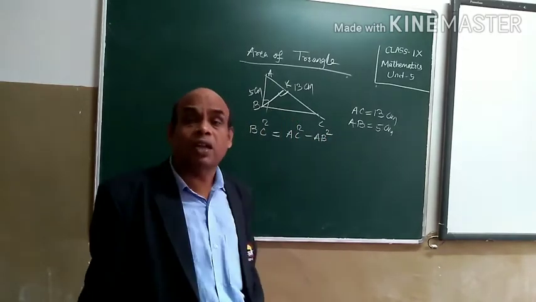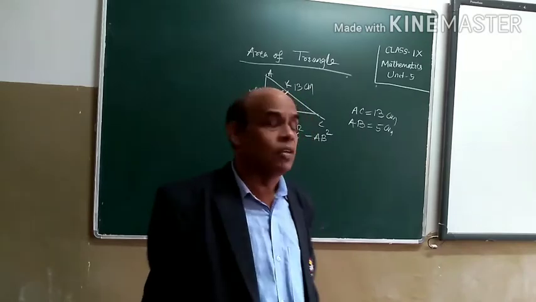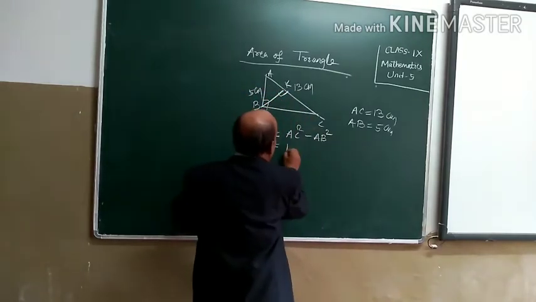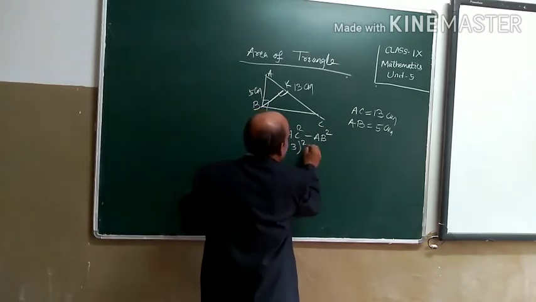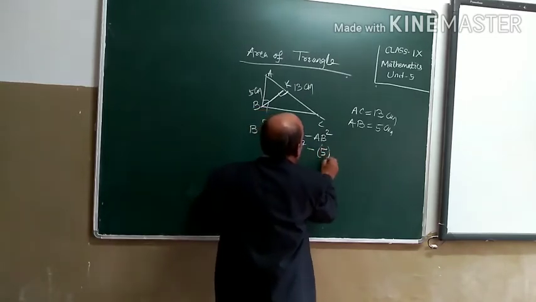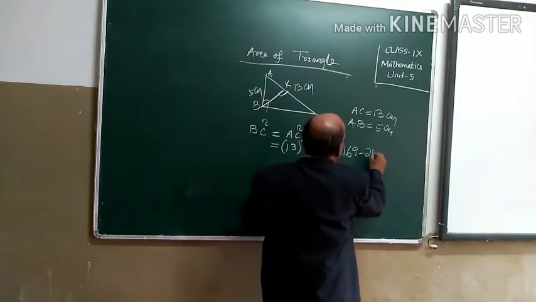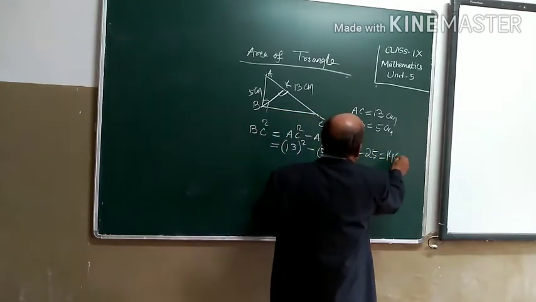That is as per Pythagoras theorem. Now put the value of AC as 13. So square of 13 minus square of 5. So you got 169 minus 25, that is 144.